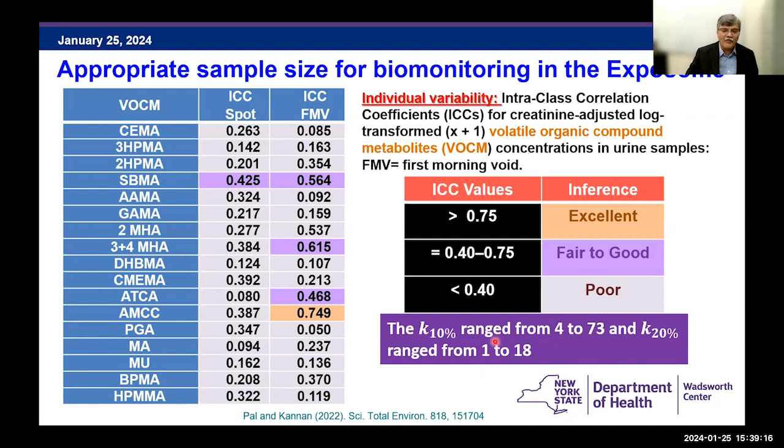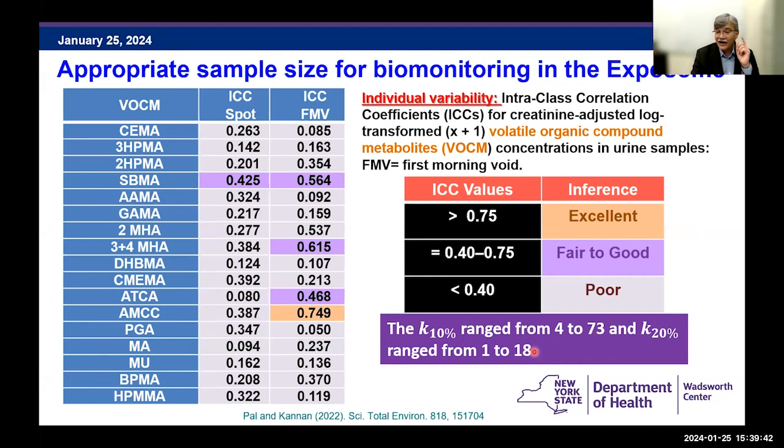Then we calculated how many samples are needed. You need between 4 to 73 samples, depending upon the isomer. Some isomers need 73 samples to represent an individual's VOC exposure. Some, if you use 10%, 20% variability in your design, which means more flexibility, need 18 samples for that compound to represent the exposure.